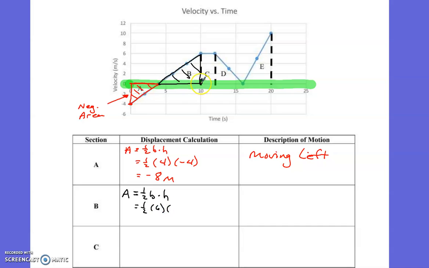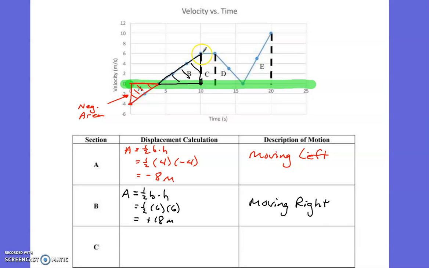And the height is from 0 to 6, or 6 again. If I take 1/2 of 6 times 6, I get an answer of positive 18. So the displacement is 18, which, being positive, means they are moving right 18 meters during that section.